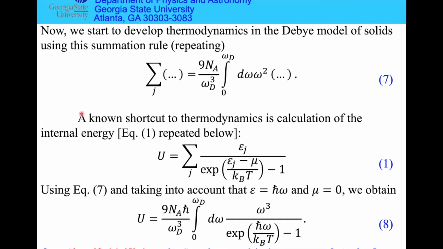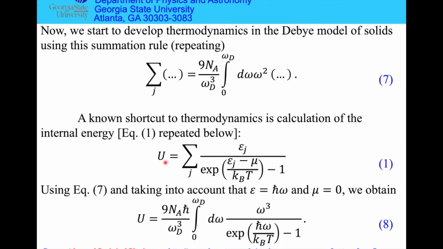And you already know the shortcut to thermodynamics. It's not the calculation of the Landau potential or grand potential, grand canonical potential. It's the calculation of the internal energy.